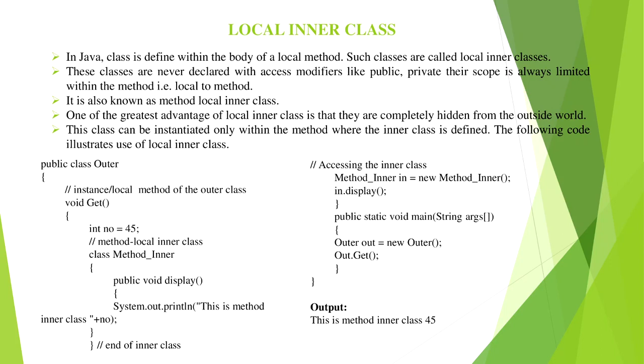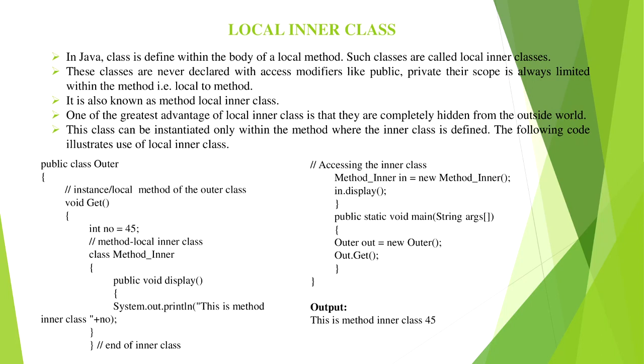It is also known as a method local inner class. One of the great advantages of a local inner class is that it is completely hidden from the outside world. This class can be instantiated only within the method where the inner class is defined. And following is the code which explains the concept of local inner class.